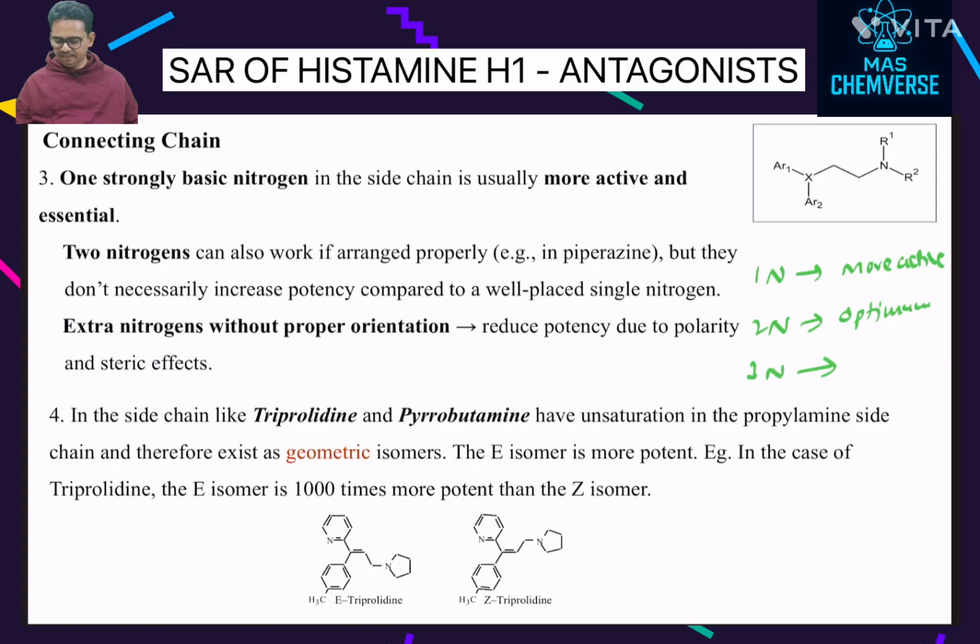But when it has 3 nitrogens and the orientation, meaning the place of that nitrogen, is not correct, it decreases the activity. Remember that, that is another point. The next thing is that in the side chain nitrogen will be there or other atoms also, but I told you it should be more basic to be more active.